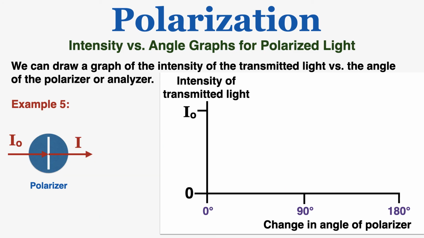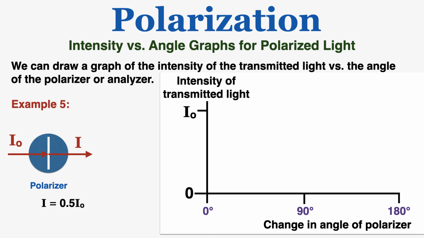There's a common trick question that students are given where you have unpolarized light passing through a polarizer, but there's no analyzer involved. You're just asked what would the graph look like as the polarizer turns, where the unpolarized light is the original intensity, and the intensity that you're graphing is the light leaving the polarizer. So remember that no matter what angle the polarizer is at, it's always going to reduce the original intensity by 0.5.